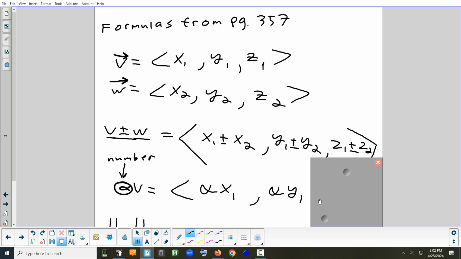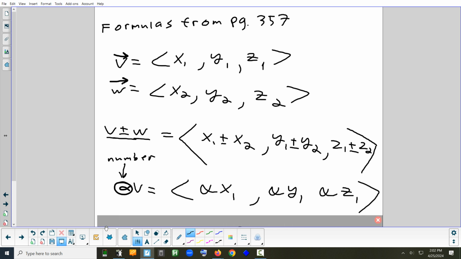So in 2D, you multiply that number by the x component, multiply it by the y component, and in 3D, we're also going to have to multiply it by the z component. So scaling a vector is just, you got to distribute that scalar out to one more component instead of just two.